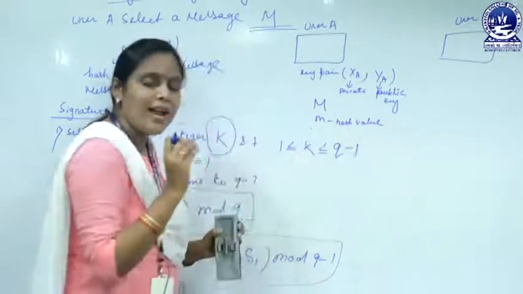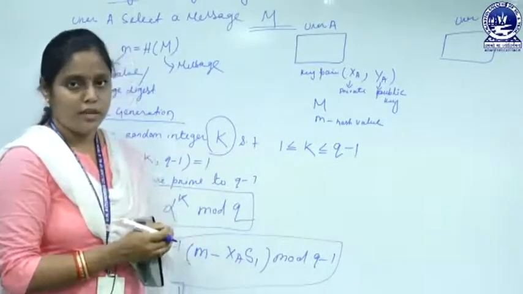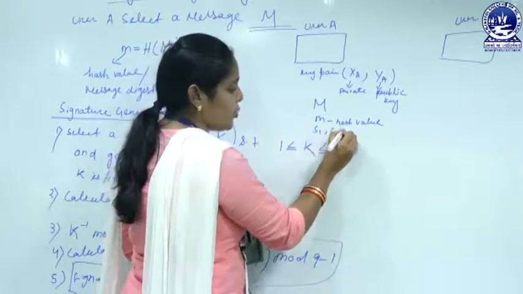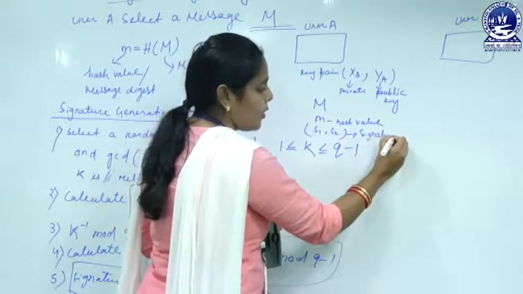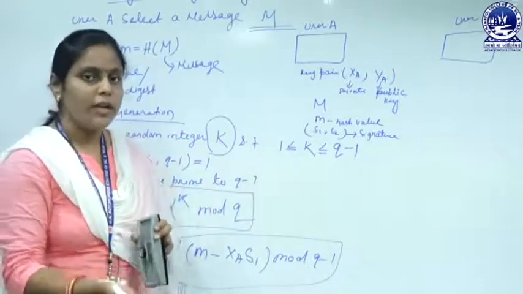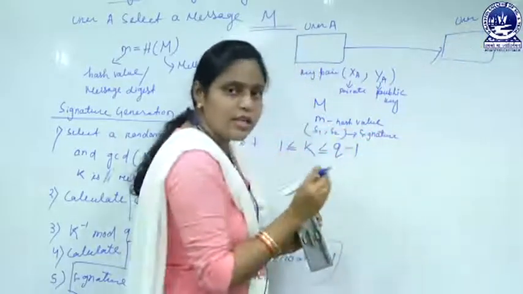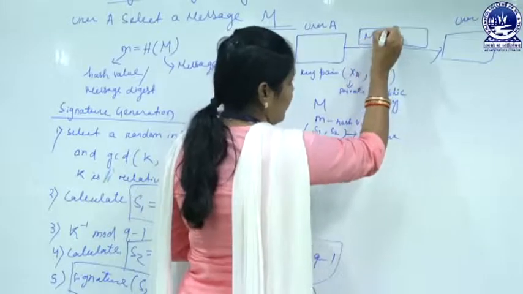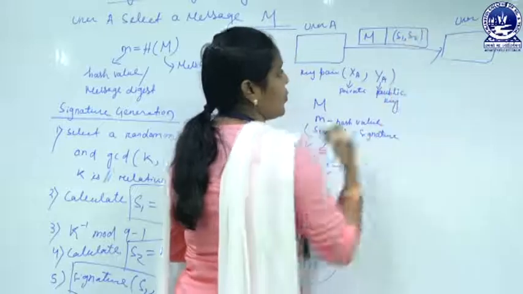After that the user A generates its signature, which is the value of S1 and S2. Now the user A transmits the message to the receiver B. The message contains the original message M and the signature, that is S1 and S2.